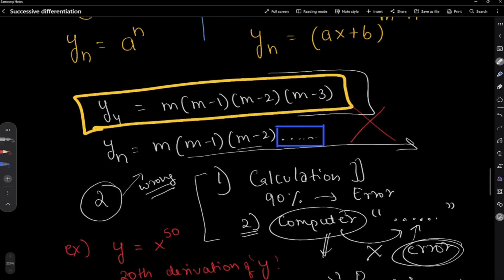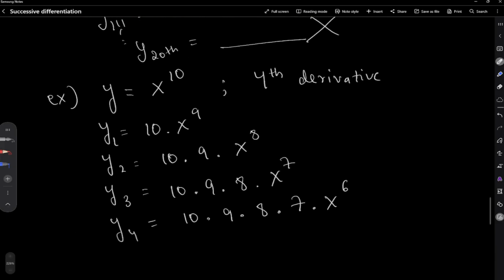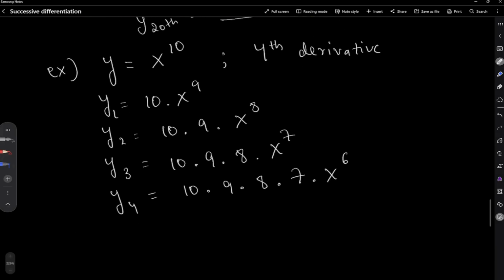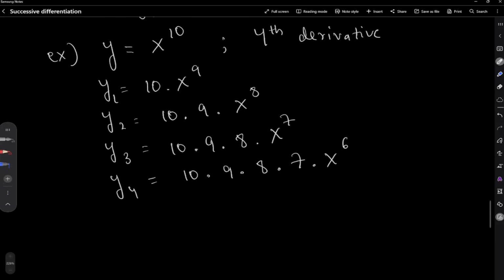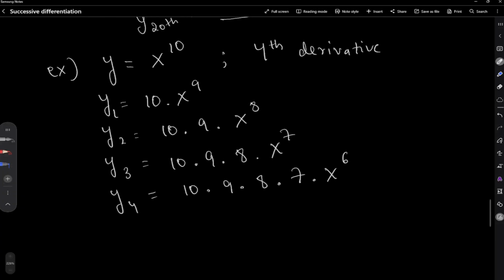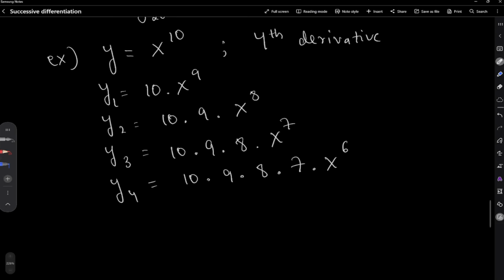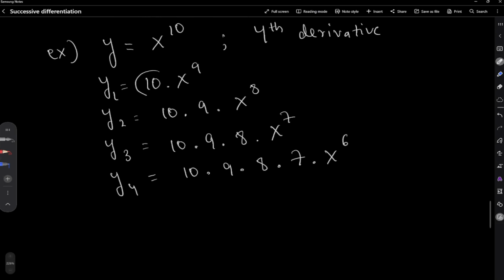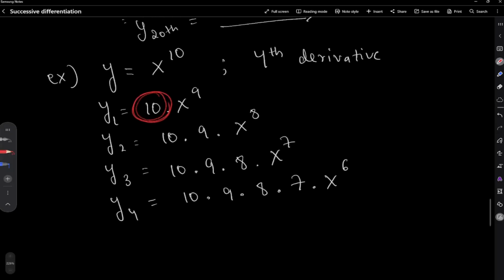From this, we're gonna find the general equation for the multiplication term. And how are we gonna do that? I'll explain it very simply. First of all, we need a starting point, which we're gonna take as this. I'll change the color. This 10 is our starting point because it's the first multiplication that comes down.